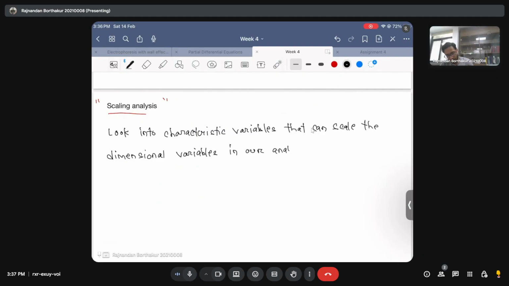So this might not be clear to you at this point, but I'll show you by a couple of examples, and then things will be much clearer to you later on.